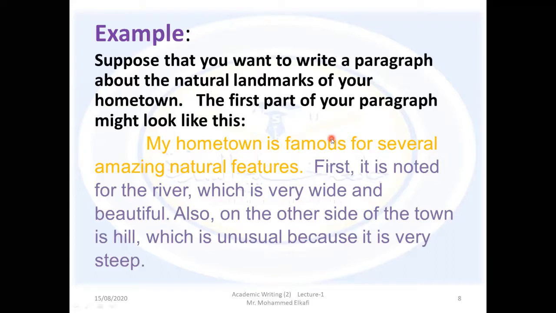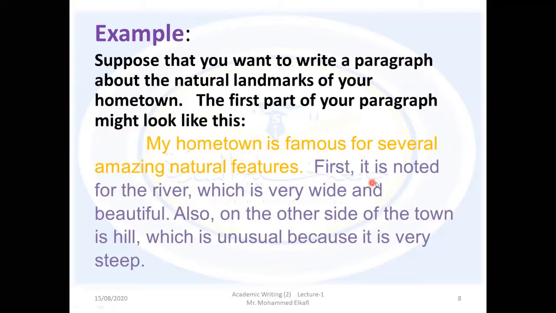So here, now we are able to guess what will be included in the rest of the paragraph, okay? So these things can be guessed through what? The first sentence. That means this sentence is the most general sentence in this paragraph or group of sentences.